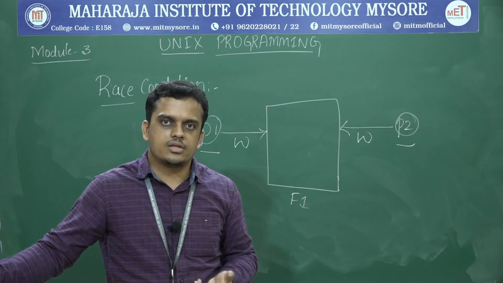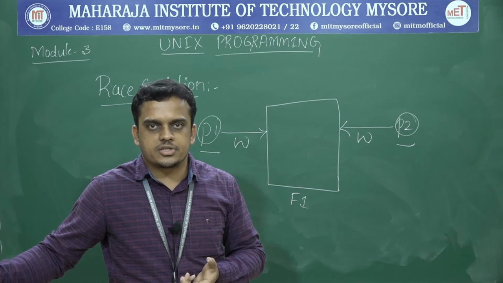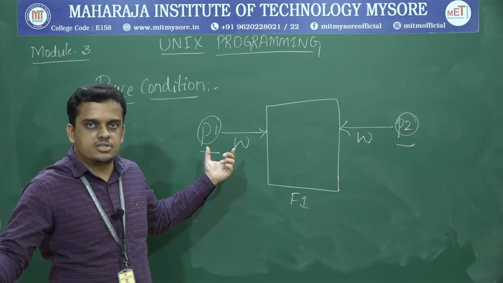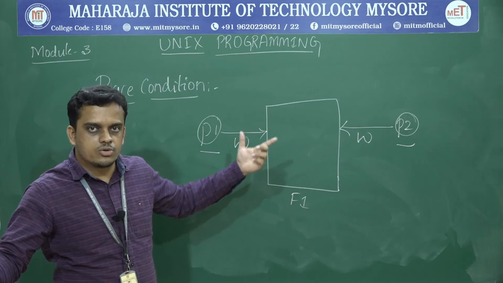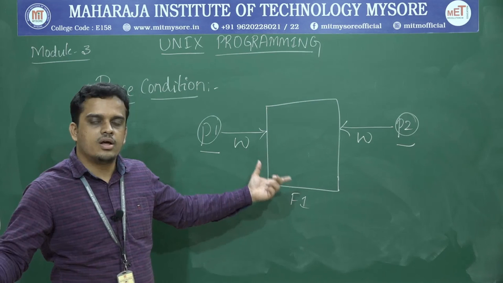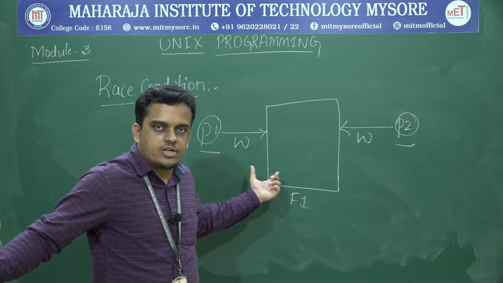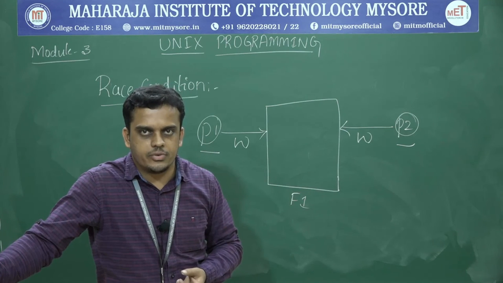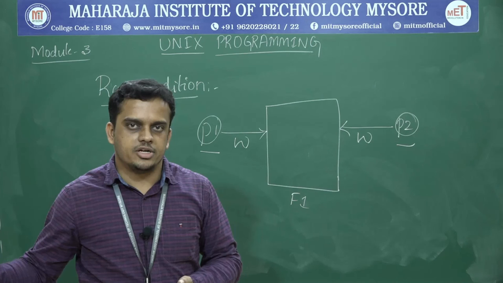Hence this entire consequence is termed a race condition. That is, a race condition is defined as: if two or more processes are trying to do some operation with a common file, the final outcome will depend upon the order in which the processes are executed. That is the common definition of a race condition.